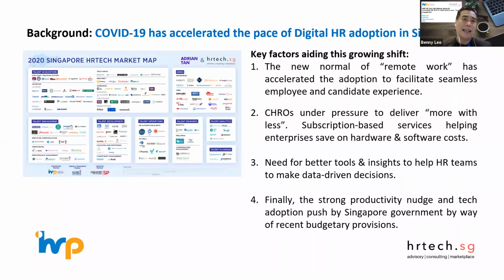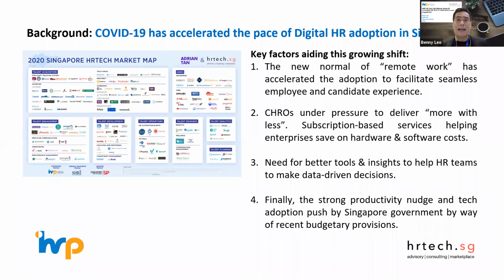If you look at the HR Tech map being shown here, you'll realize that HR Tech can be linked to every stage of your employee life cycle. This is something that we in HR like to talk about, the employee life cycle. Tech is no longer an alternative tool. It becomes an essential tool now.